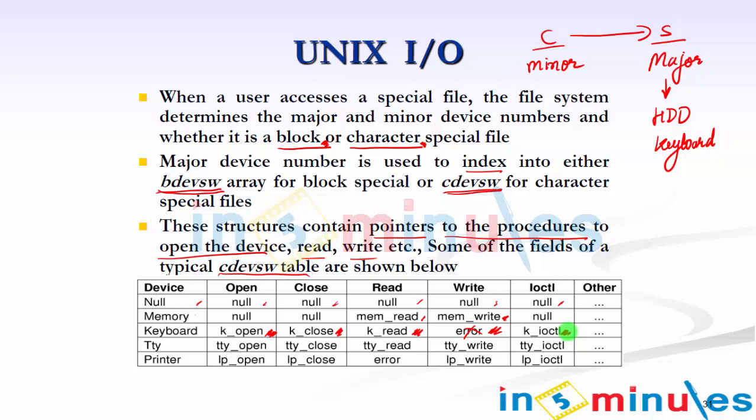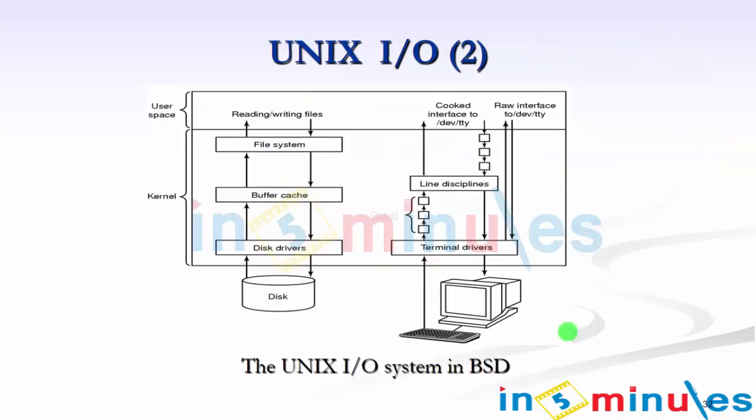Going to the next, after understanding that there are two modes to work with, a block mode and a character mode, let's try to understand them in a diagram. As you can see, this is a block mode system where, to read or to write, the file system is accessed. The file system will buffer while writing. After data is buffered, the block is prepared. We give it to the disk driver and the disk driver will perform the writing on the disk.